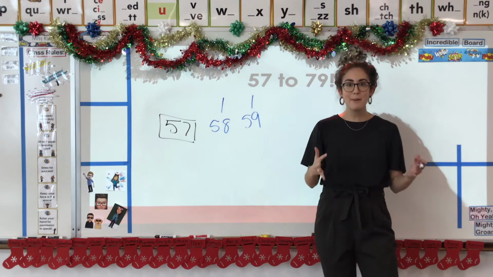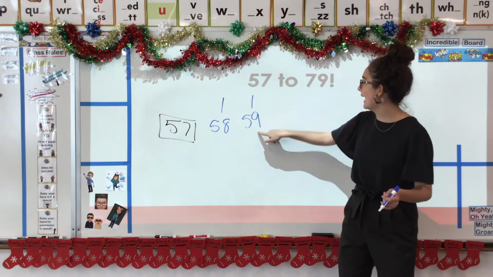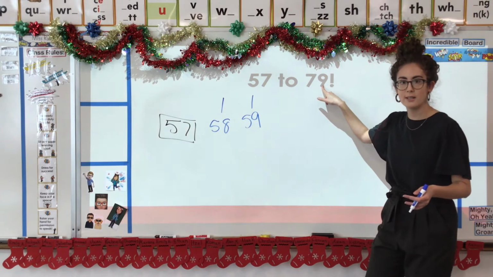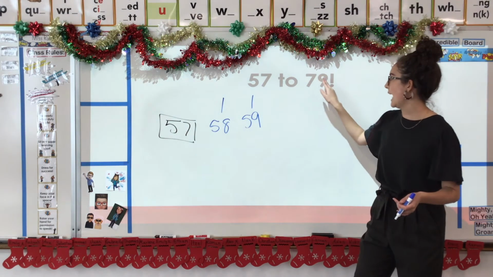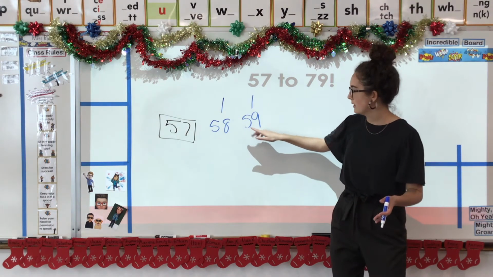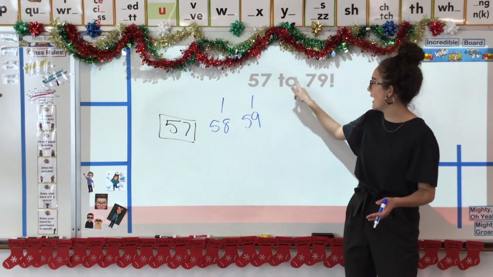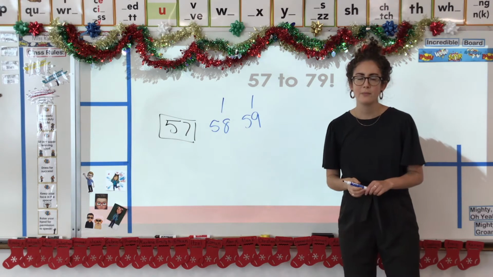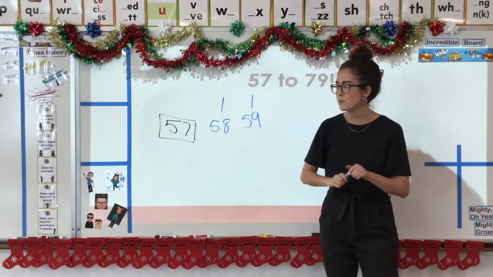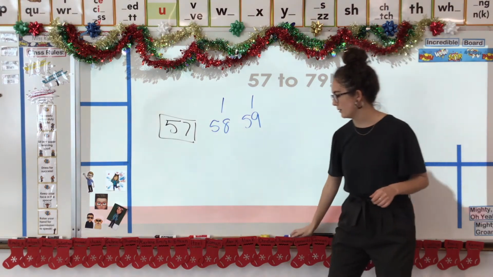They have the same amount of ones. 9 ones and 9 ones. If two numbers have the same amount of ones, and all that's different is the tens, 5 tens and 7 tens, what's going to be the quickest way to get between them now?